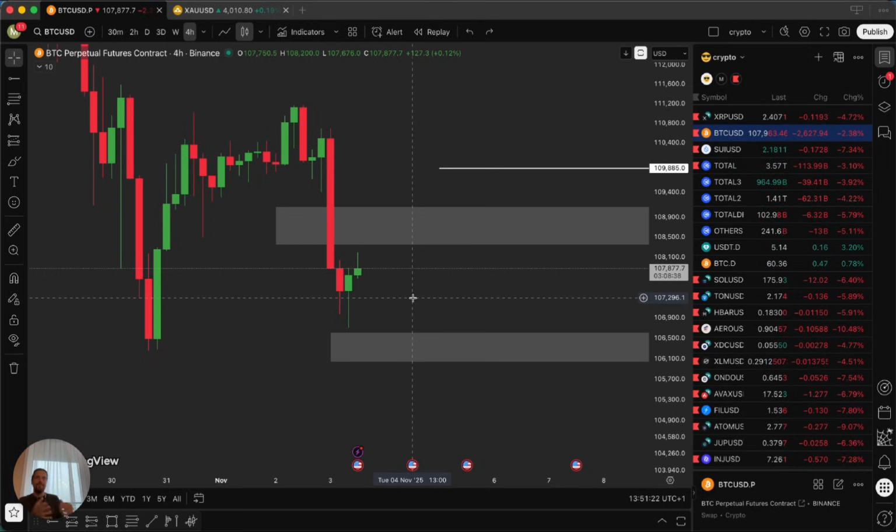You might expect the price to go up, but you can see clearly that on Bitcoin itself, which is the main thing that moves the whole market, if Bitcoin is up, everything is up, and if Bitcoin is down, everything is down, we have a lot of resistance near the current price, just slightly above. So you can expect the price to be kind of stuck at those areas due to the massive liquidation orders.